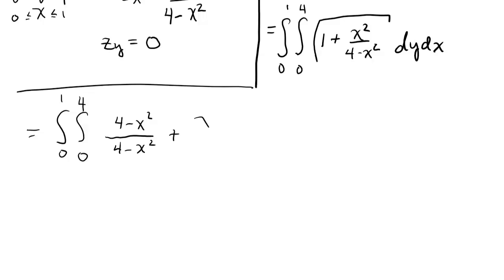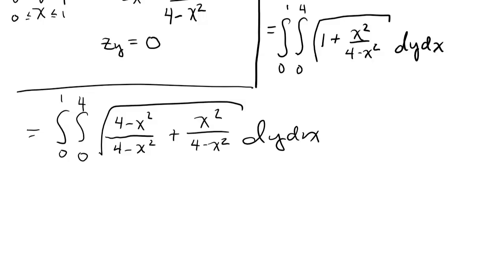And then we're adding x squared over 4 minus x squared. So then if we take a look at that numerator, we're going to have 4 minus x squared plus x squared. So those x squareds are going to cancel out, and we'll be just left with 4 over 4 minus x squared.